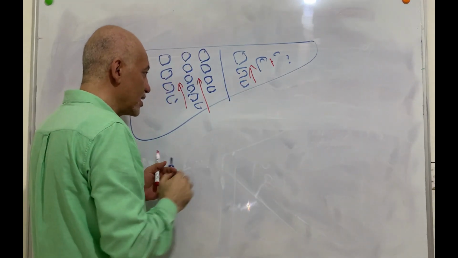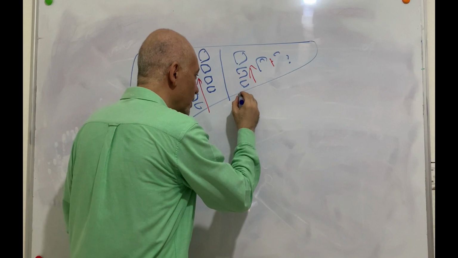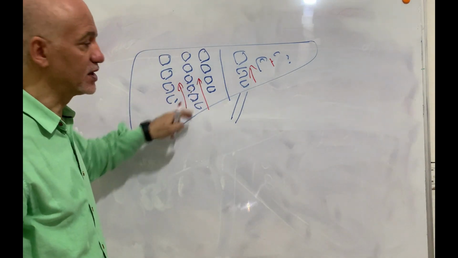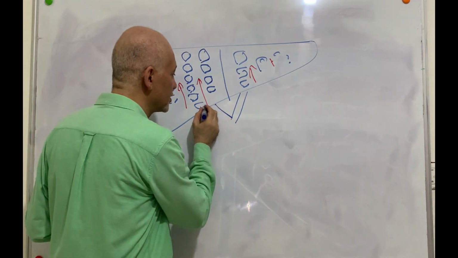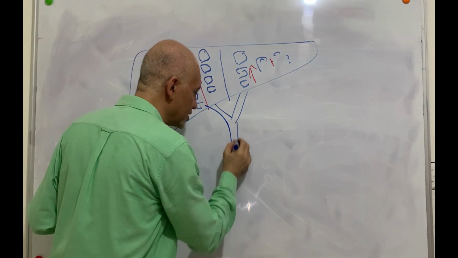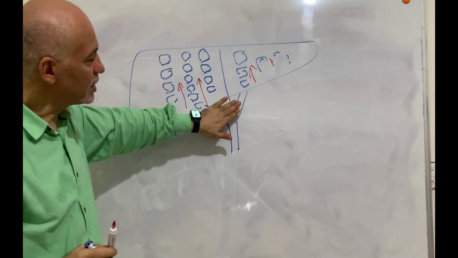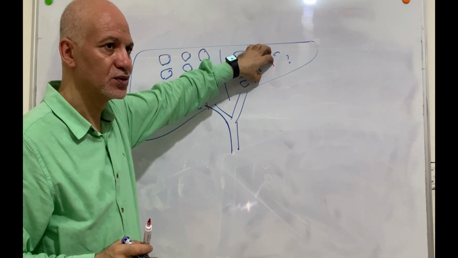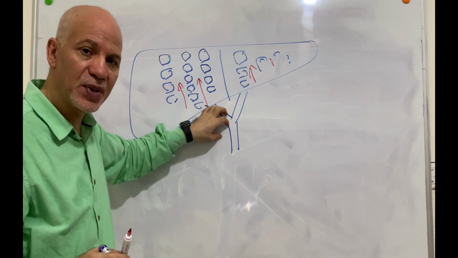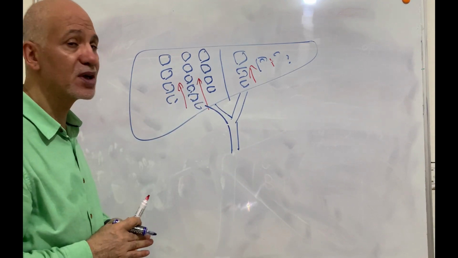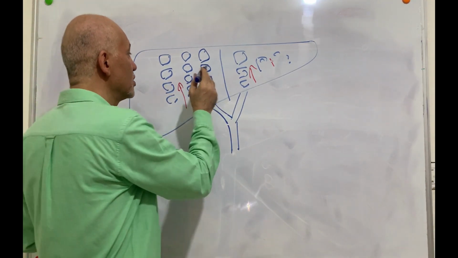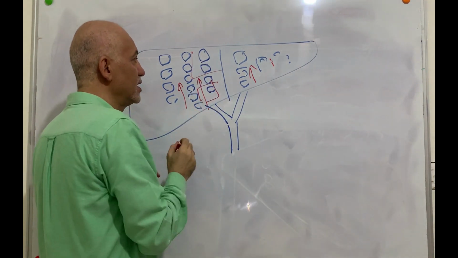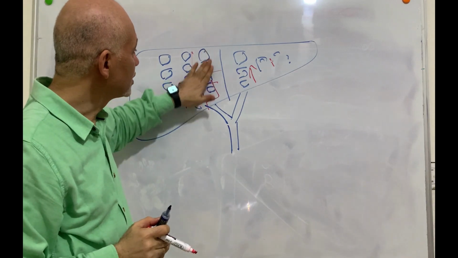The left lobe of the liver drains bile by what is called the left hepatic duct, and the right lobe of the liver drains bile by the right hepatic duct, to form the common hepatic duct. Remember, there are another two lobes: the caudate lobe and the quadrate lobe.